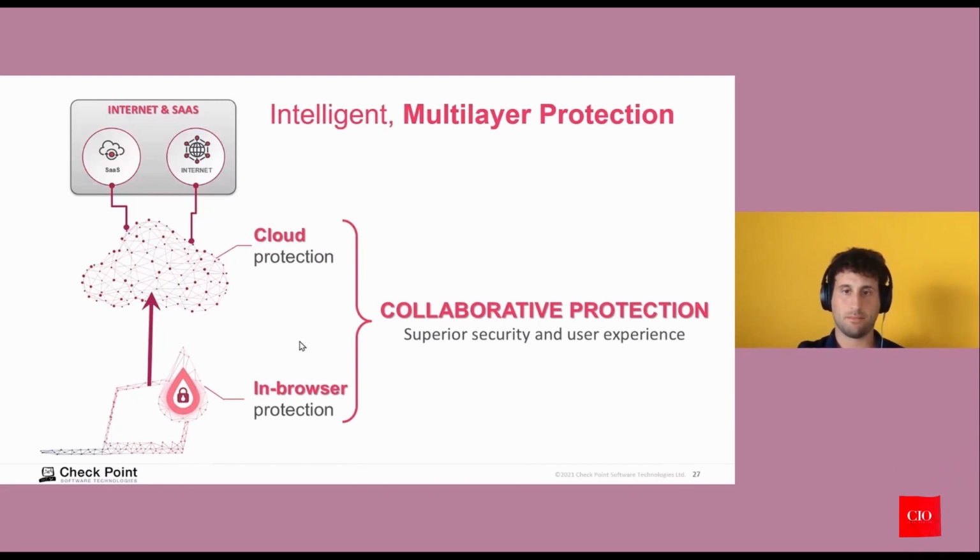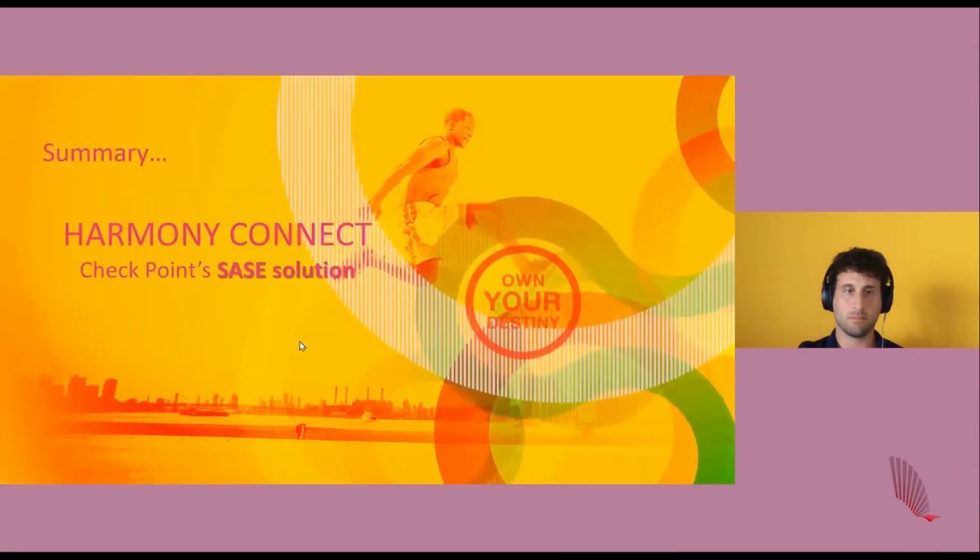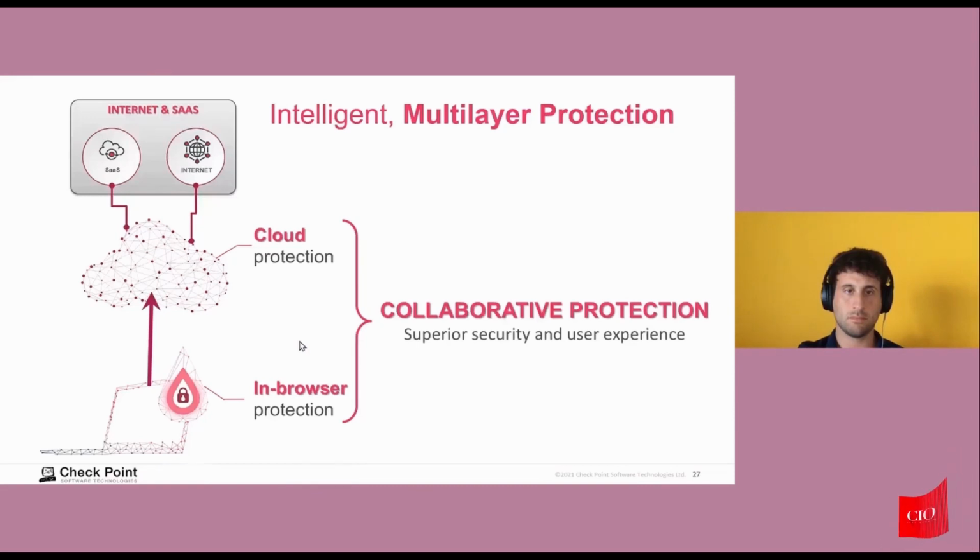What this does is actually give us 2 layers of protection that work together. So if something can be secured within the browser, by the way, living in the browser means we don't need to deal with all the SSL inspection and rerouting user traffic. And we see the pages inside the browser as they're rendered. Very, very strong security, very user-friendly. But when we don't have that layer of protection in the browser, then we'll always mandate that the protection goes to the cloud.